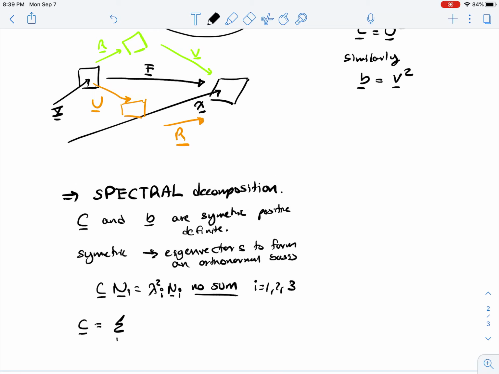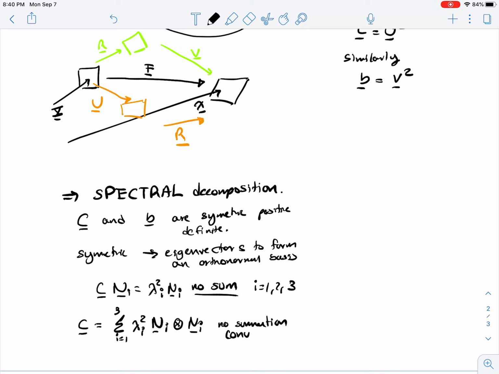And the spectral decomposition is that I can write C as the sum over i from 1 to 3 of the eigenvalues, which I just called lambda square. It's not the square of the eigenvalues, I called them lambda square. Hopefully that makes sense.